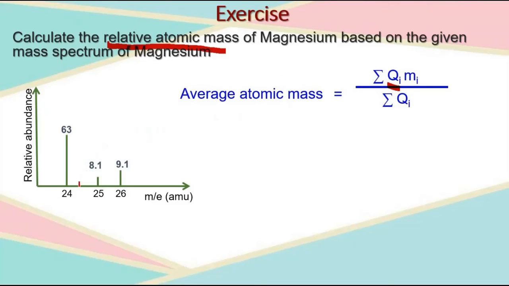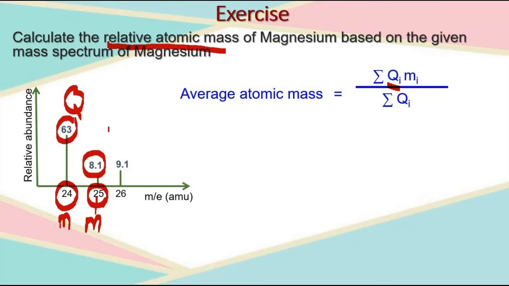So based on the mass spectrum, for Mg-24, 24 is the M and 63 is the Q. For Mg-25, 25 is the M and 8.1 is the Q. And for Mg-26, we have 26 as the M and its relative abundance Q equals 9.1.